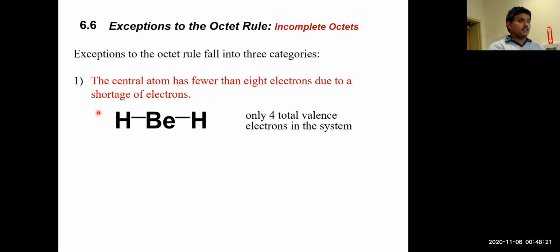So here, the example is that the central atom has fewer than 8 electrons due to a shortage of electrons. What can we do about that? The example we are looking at is beryllium. Beryllium, to start with, has only two valence electrons. It is from group 2.